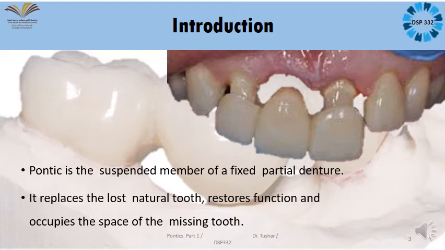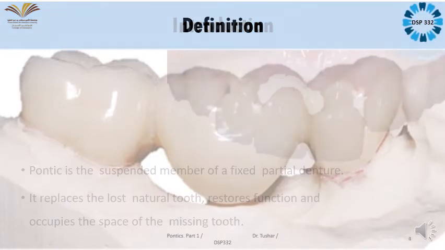On the abutment tooth you put a retainer, and to the retainer the Pontic, which is a suspended member which is going to replace the missing natural tooth, is called your Pontic, and the joint between the Pontic and the retainer is called the connector. In the connector chapter, we have seen different types of connectors. I hope everybody knows that: rigid connector, non-rigid connector. So today we are going to talk regarding the Pontic.